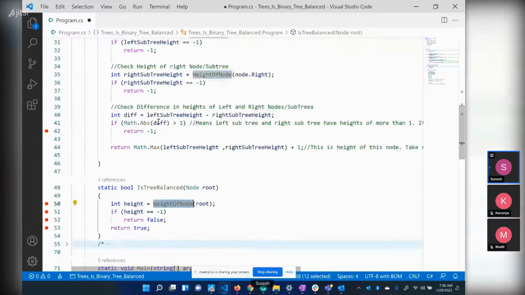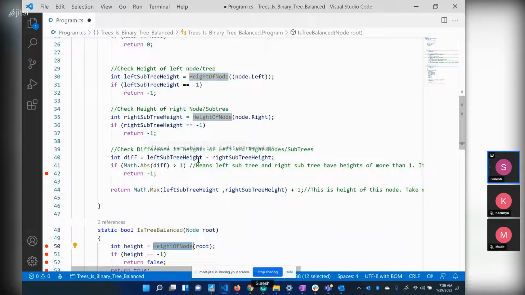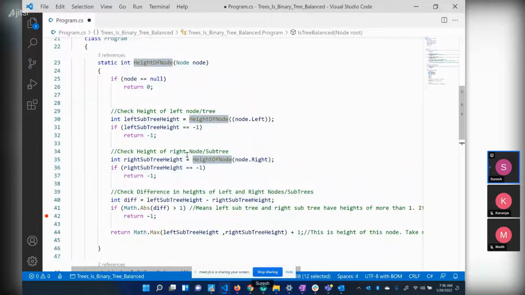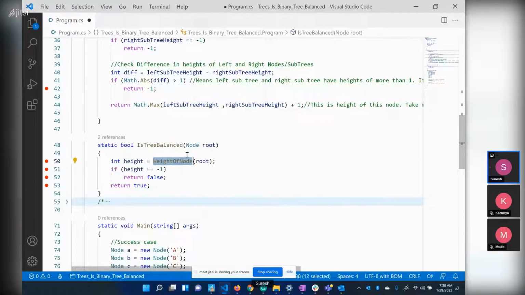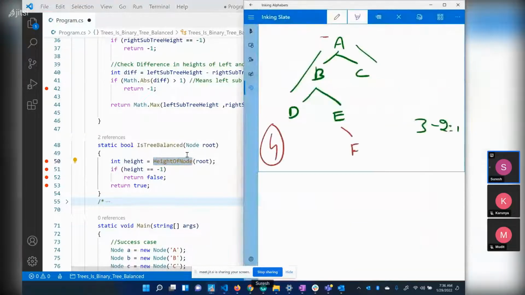But what we did is we modified the logic in such a way that if the tree is not balanced at any point of time, it will return -1. If the tree is balanced, it will return the normal height. That is how we modified the algorithm.